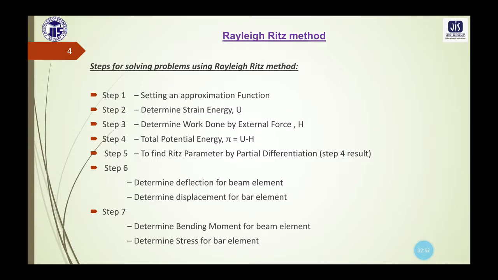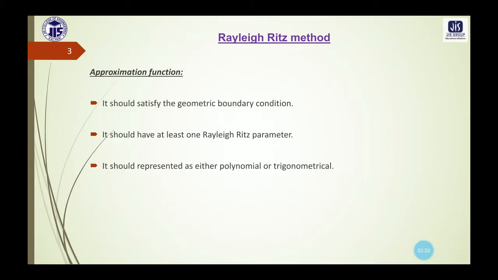There are actually 7 different steps to solve problems using the Rayleigh Ritz method. What are the 7 steps? Step number 1 is setting an approximation function. We need to set up an approximation function, which should be either polynomial or trigonometrical.